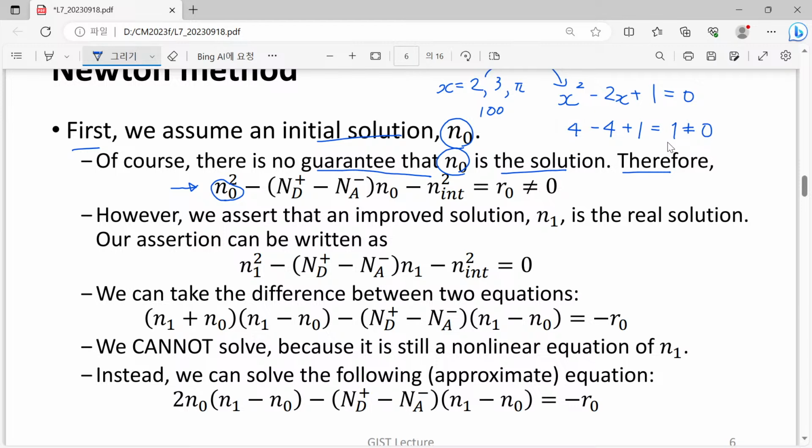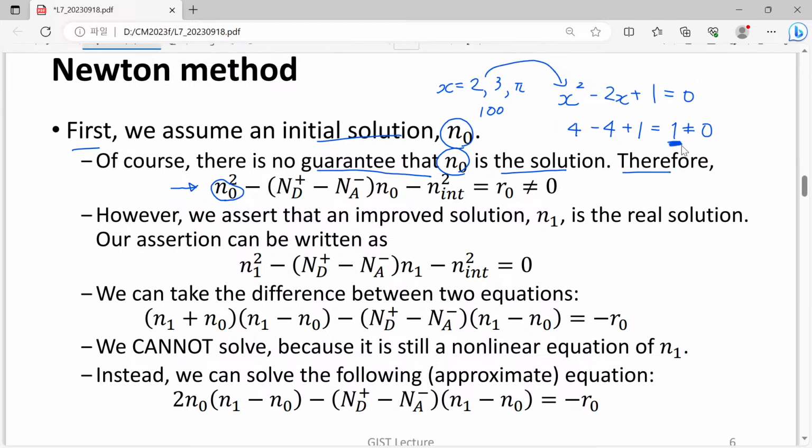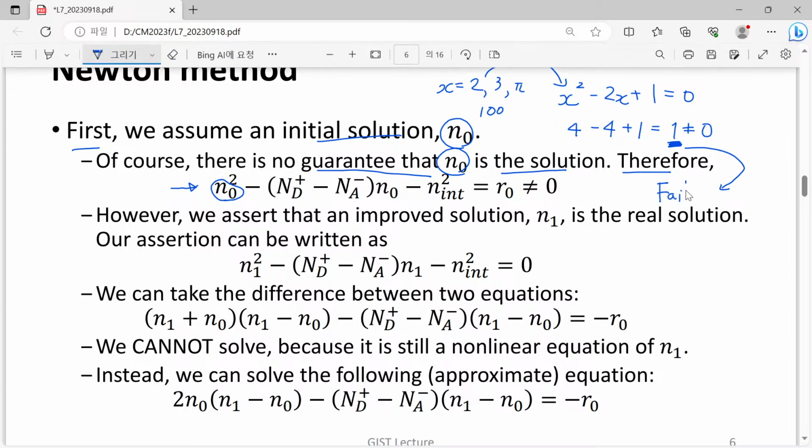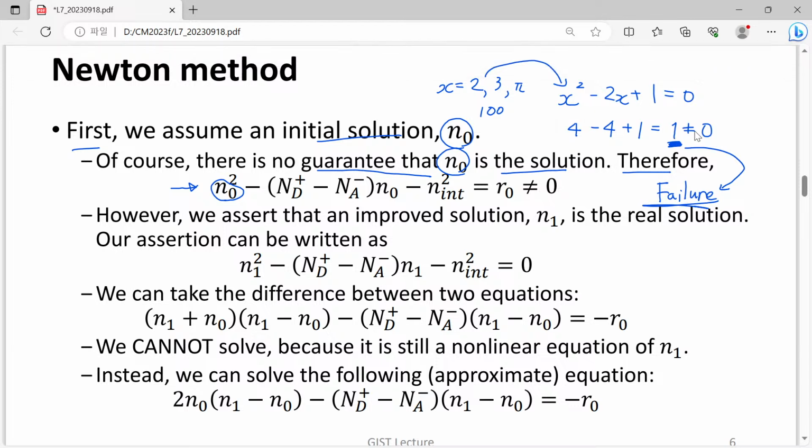So you can understand that this number 1 just indicates the failure of your initial guess. If this number is quite close to 0, then you are happy and you are close to the real solution.